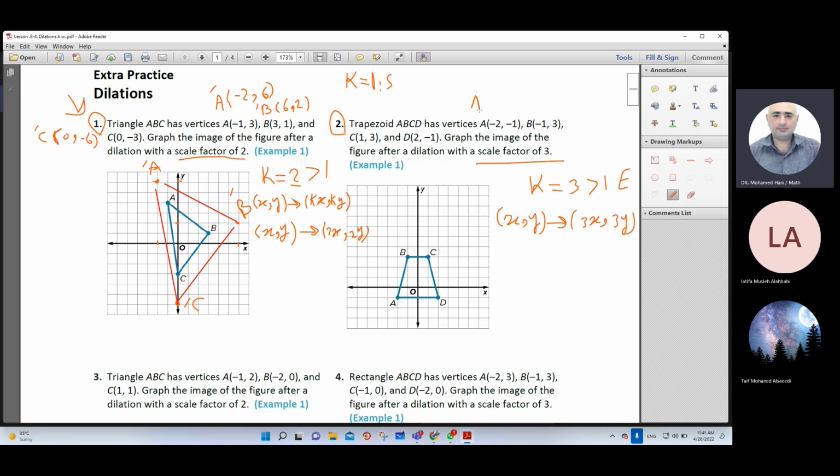A prime, multiplied by 3. Minus 2 times 3 will be minus 6, and minus 1 times 3 will be minus 3. Then B prime: minus 1 times 3 will be minus 3, and 3 times 3 will be 9.